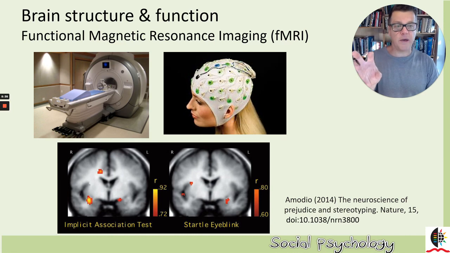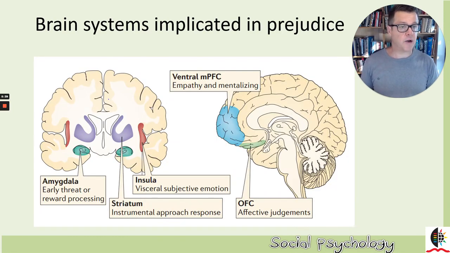By these kinds of methods, psychologists have identified a number of different brain systems implicated in prejudice. We don't have to go into all the details over here, but if you just look at the amygdala, that's sort of brain stem, and that's what we saw lighting up on the previous slide.